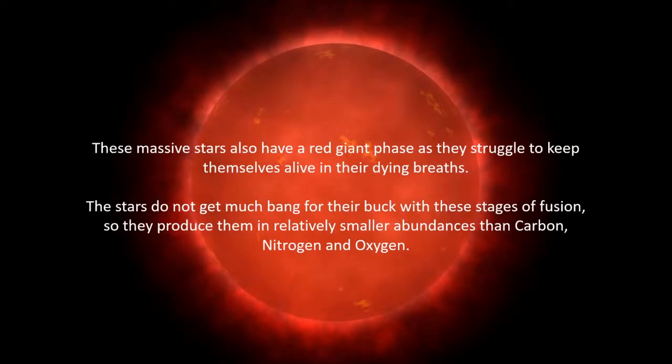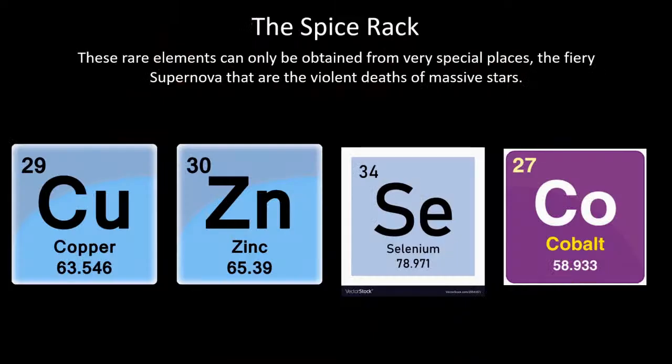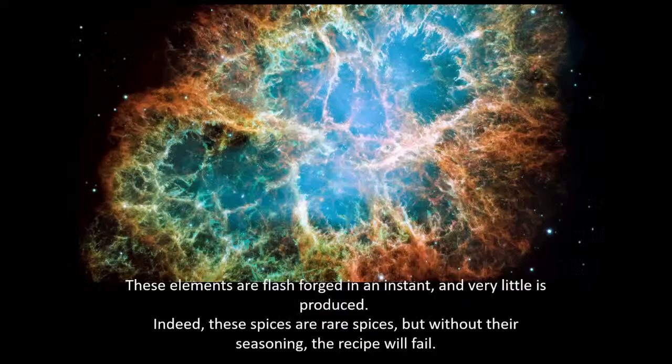As for the spices, these are rare elements and can only be obtained from very special places, the fiery supernovae that are the violent deaths of massive stars. These elements are flash-forwarded in just an instant, and very little of them is produced. Indeed, these are rare spices, but without their seasoning the recipe of life will fail.